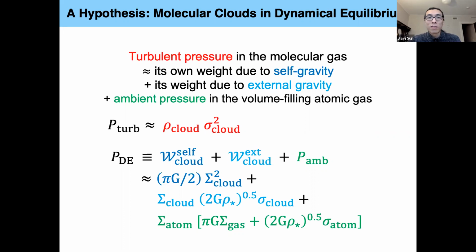And then finally, for this ambient pressure term, we do not have a very direct estimate of that pressure, but what we can do is assume that the atomic gas is itself in hydrostatic equilibrium, and then we can infer the pressure near the midplane based on the gravity that it feels from all the other components. Now, combining all this together, what we want is to compare this P term with PDE.